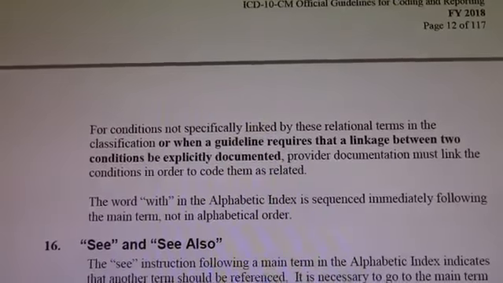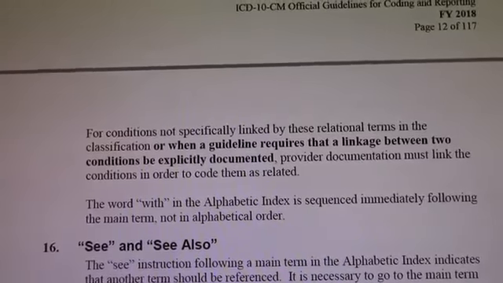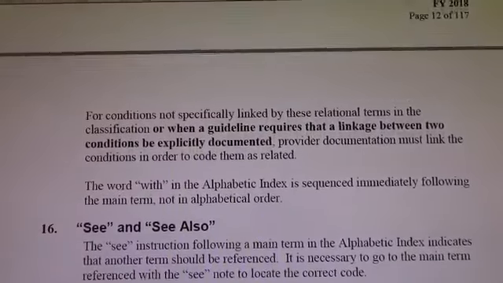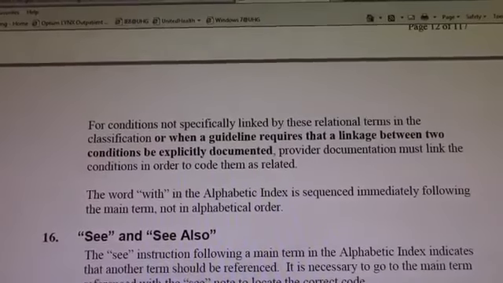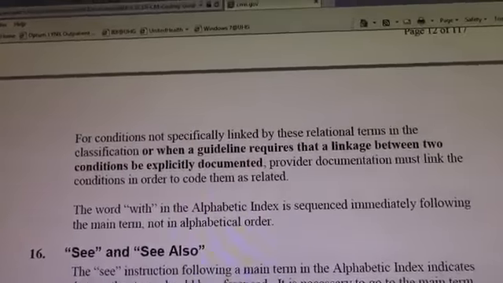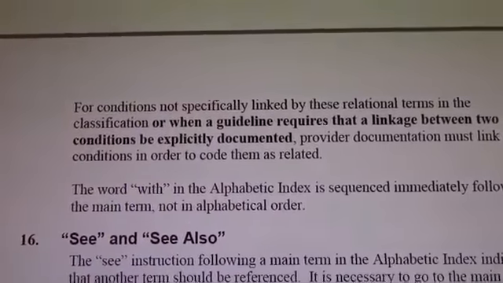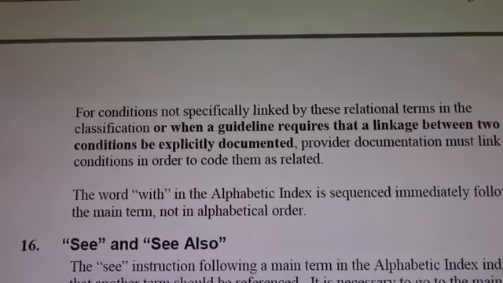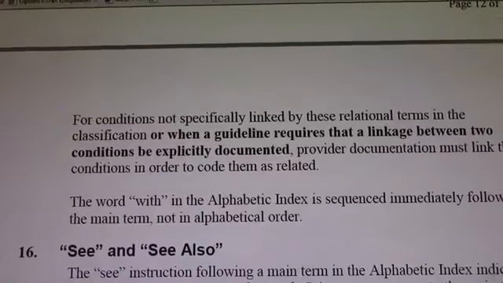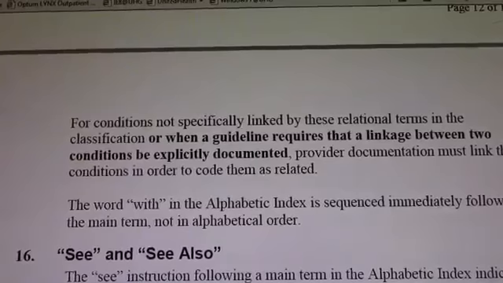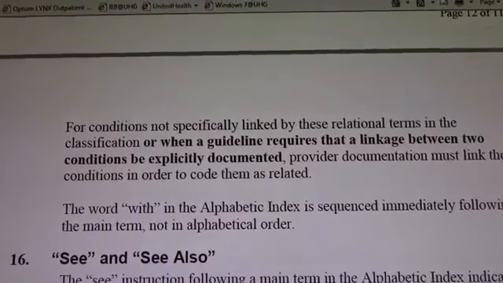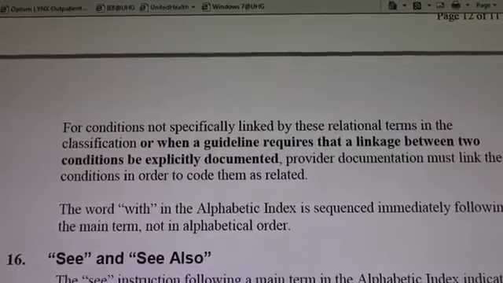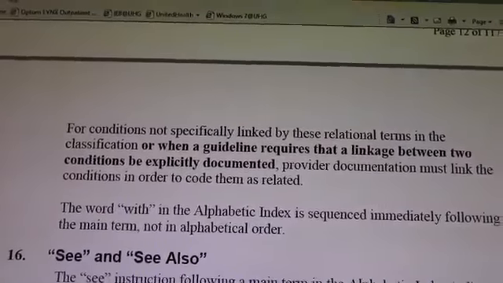But the word "with" in the alphabetic index is sequenced immediately following the main term. Okay? It's not in alphabetical order. When you look up a term in your alphabetic index, anything that's included with will be immediately following the main term. So watch for that. And when you see "with," automatically assume that it's in that condition, unless your physician specifically states there is no linkage between the two conditions.